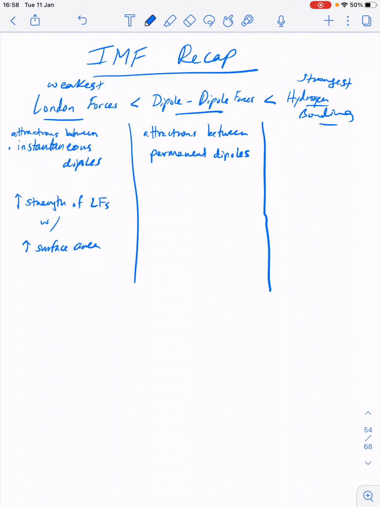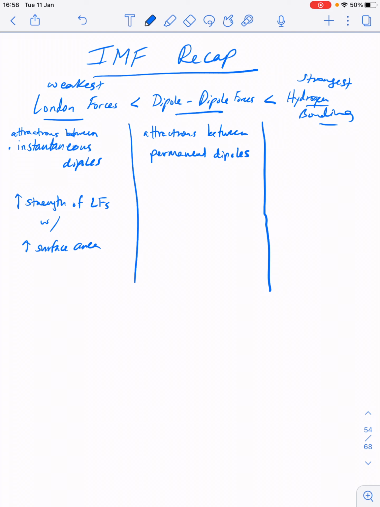They are the only type of attraction between nonpolar molecules. Dipole-dipole forces happen also between polar molecules. So if you had a nonpolar molecule, you would identify its IMF as London forces. If you had a polar molecule, you could identify its intermolecular forces as dipole-dipole forces and London forces. So it has both of those. If they wanted to know the strongest type of force, you would just say dipole-dipole forces.